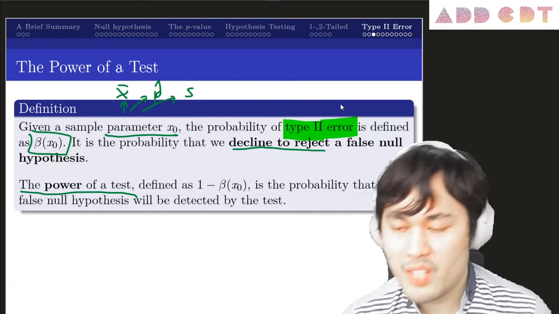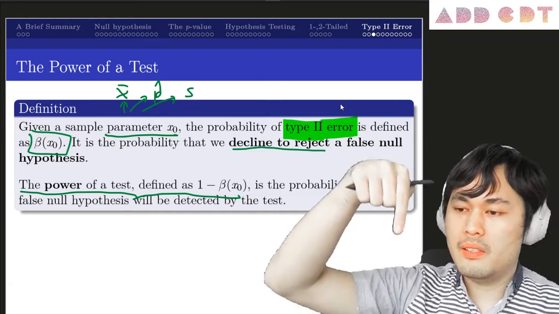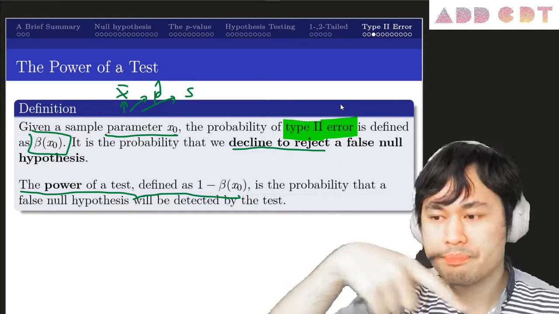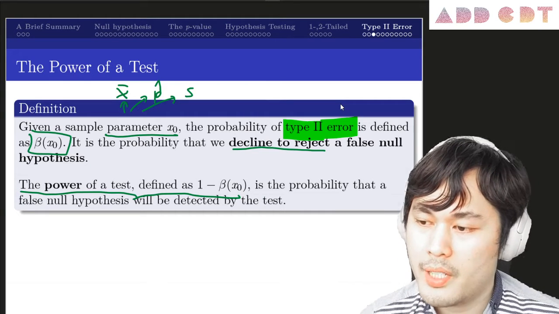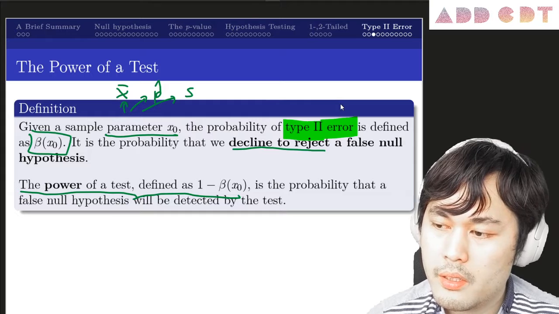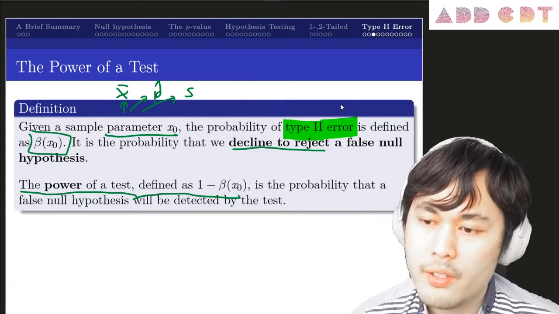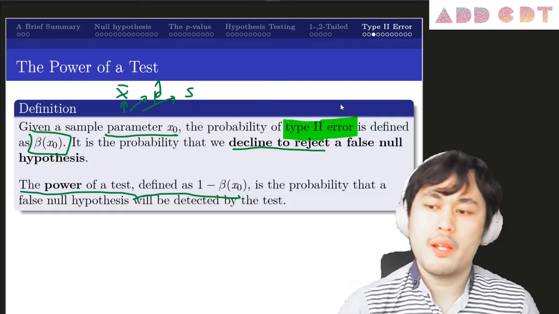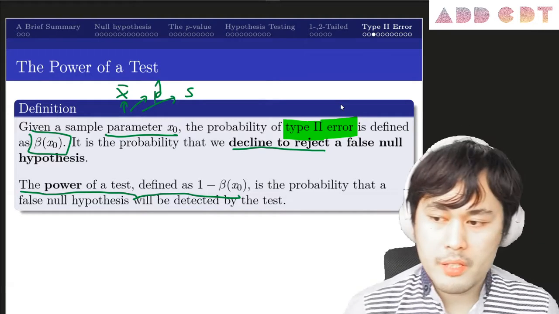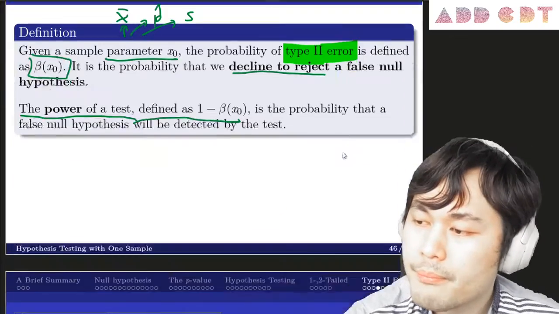Again, that's a fancy word, but it's just the lower right corner, which is 1 minus beta x0. It is the probability, the chance, that we correctly reject a false hypothesis. That a false hypothesis will be detected by the test and not get away.